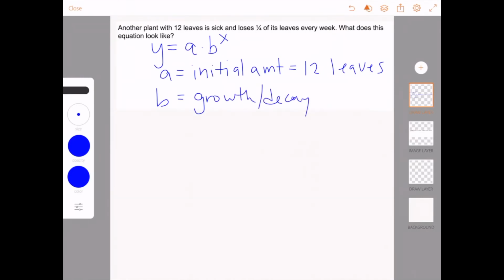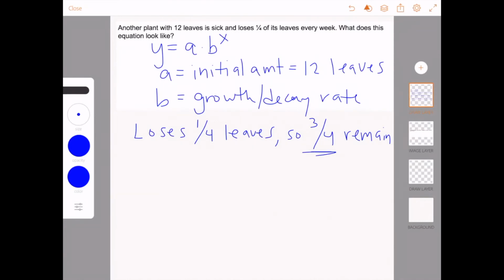So in our other example, our growth rate was 2, right? So the number of leaves was doubling every week. And in this example, it's losing 1/4 of its leaves every week. So if it's losing leaves rather than growing them, we know that the growth rate is going to change in this problem. Another way of saying it loses 1/4 of its leaves is to say that 3/4 of the leaves remain every week, and we want to write it in this form.